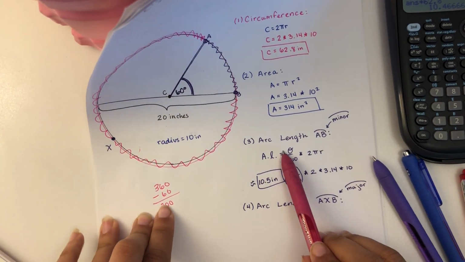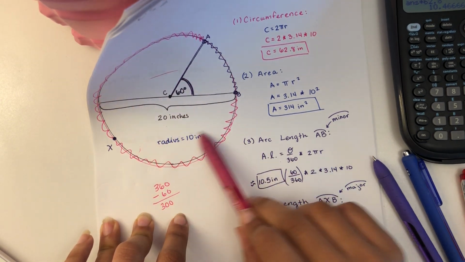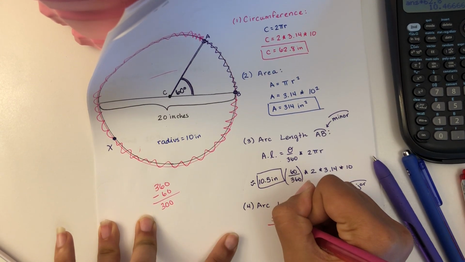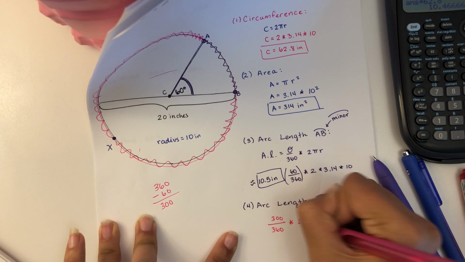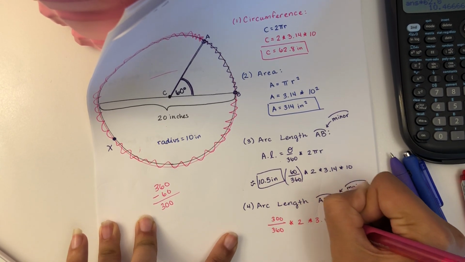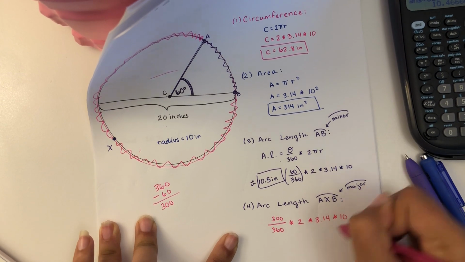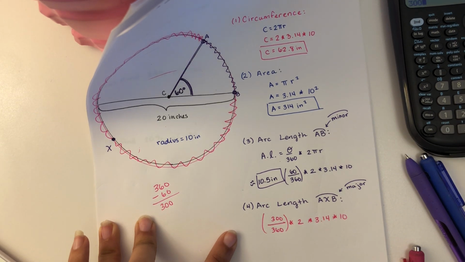So now when I'm plugging in theta, I'm not plugging in the 60 they gave me. I'm plugging in what the rest of this angle is, which is 300. So now I'm going to do 300 divided by 360 times 2 times 3.14 times 10. I'm going to put those in parentheses if I can.